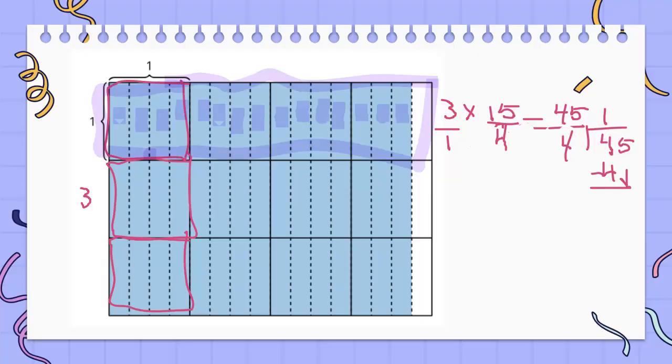And we're going to drop our 5. How many groups of 4 can I make in 5? And that is also 1. And 1 times 4 equals 4. 5 minus 4 equals 1. So our answer is also 11 and 1/4.